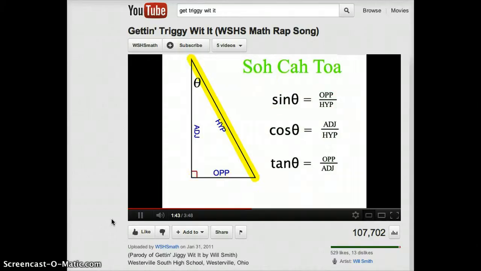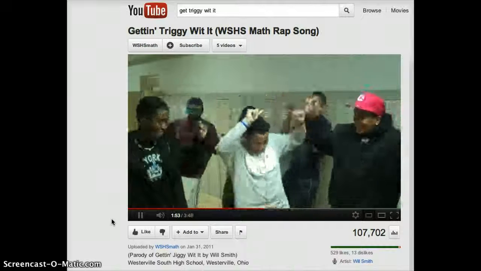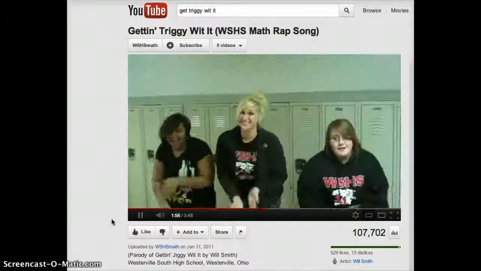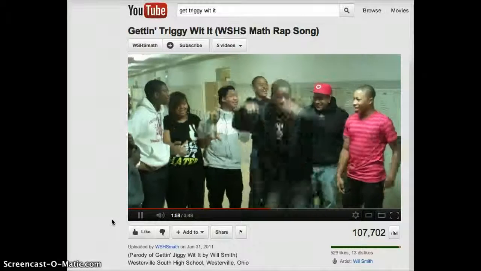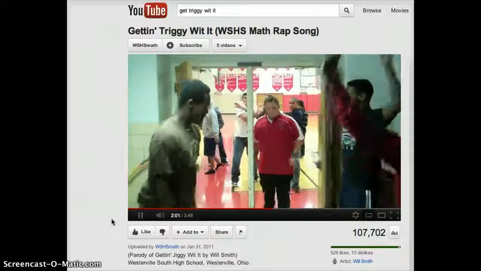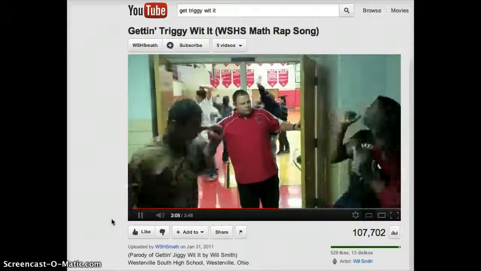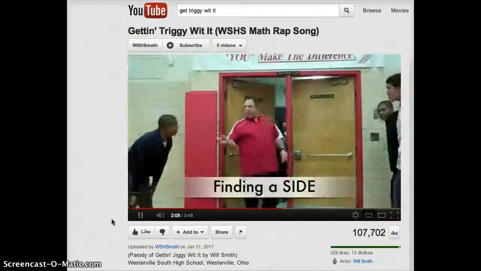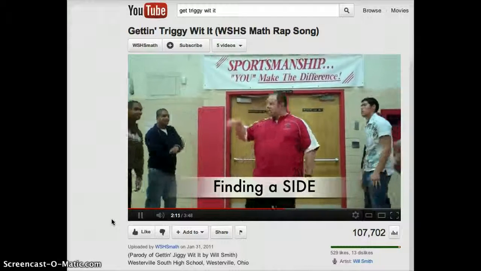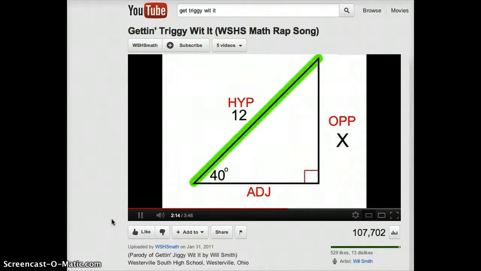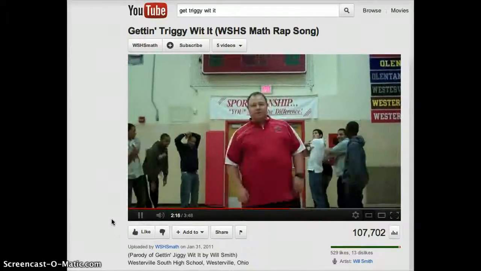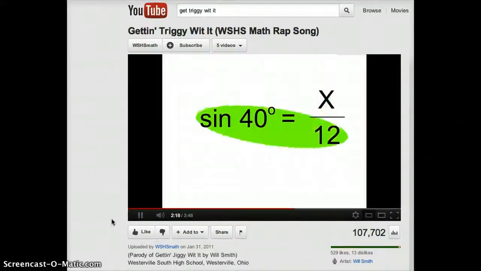If you got the HYP and the ADJ, then cosine's the way. You got the legs? Well, that makes it tan. If you need a side, you need an angle and one of the sides. Where does X reside? See it up high, that's how you know to multiply.